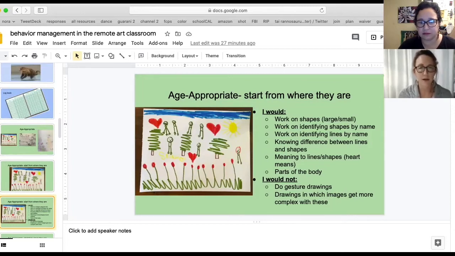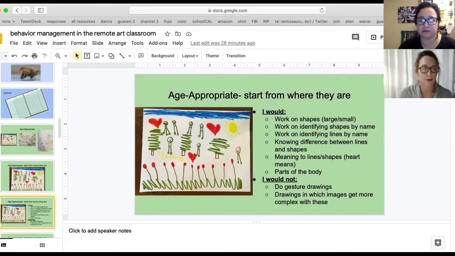So here you can see that the student understands pattern, understands how to fill in the entire space, but each family member is exactly the same size. So the next thing you would want to do is really look on identifying size relationships, working on placement in the space, and starting to define those lines and shapes that they're using.